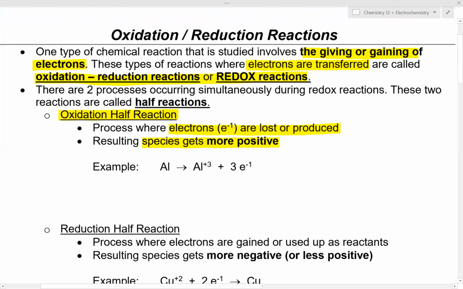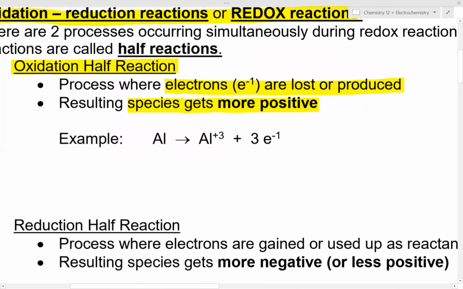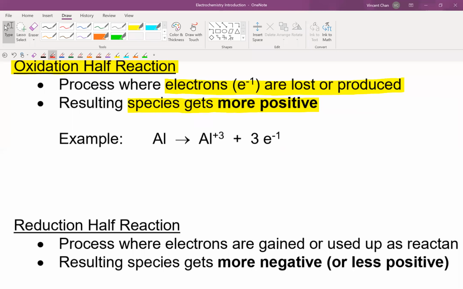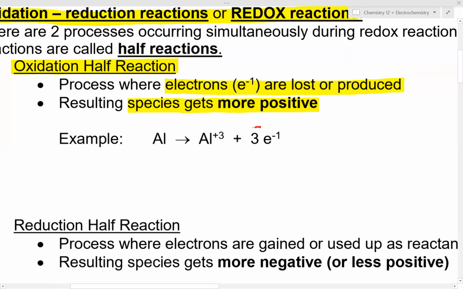So if you take a look at the example here, aluminum going to aluminum plus 3 electrons, this would be considered an oxidation half reaction. Now, why? Because if you take a look at the number of electrons, these are found in the products. Okay? And this is why we say it's lost or produced. Now, what do I mean by the resulting species gets more positive? What you do is you take a look at the charge.